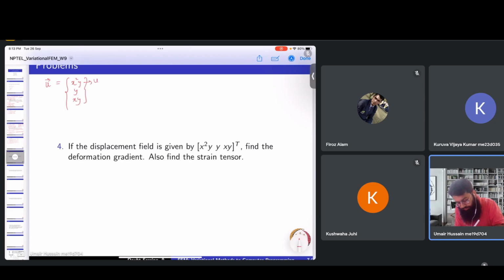So this is ux, uy, uz. So can anyone tell me what would be the deformation gradient? Can anyone try and evaluate the values?